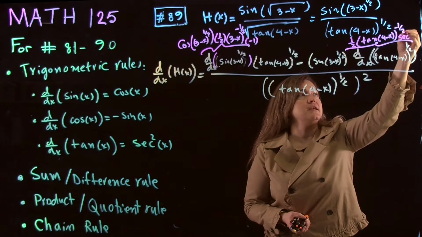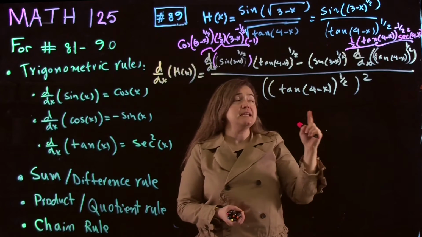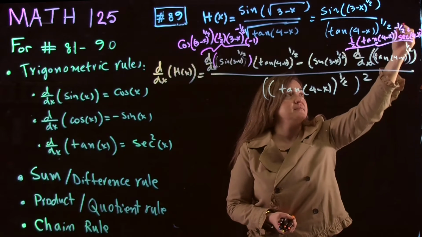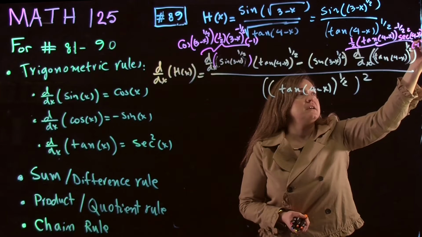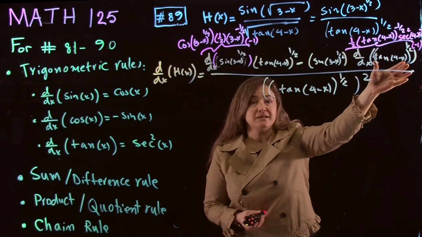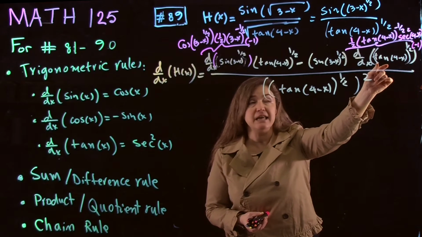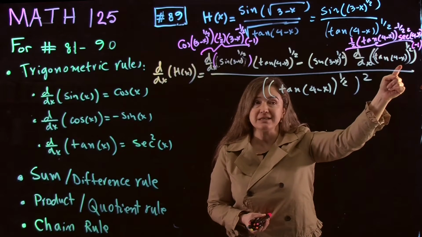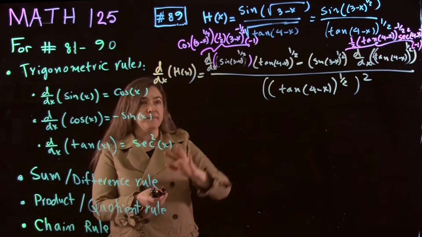So secant squared of 4 minus x, then derivative of 4 minus x, which is inside of the inside. So this is literally unpeeling the onion. Very outside to power 1/2. Inside is tangent. Then inside of the inside is 4 minus x. Here also the same way.